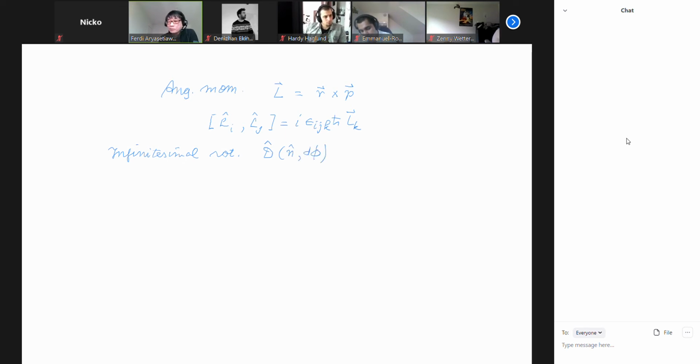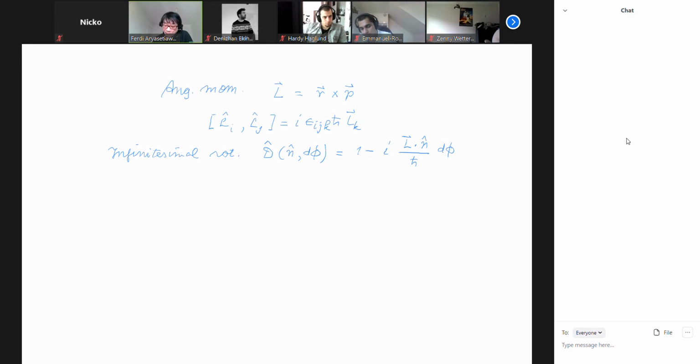So we make a rotation around the axis n with the angle dφ. That is given by 1 minus L·n divided by ħ dφ.